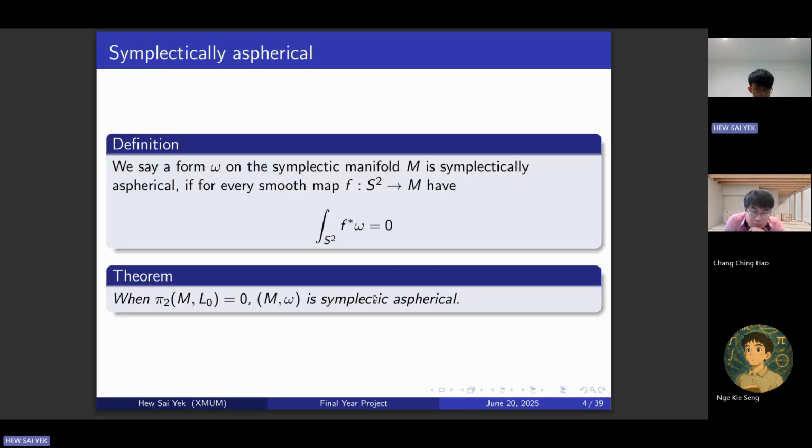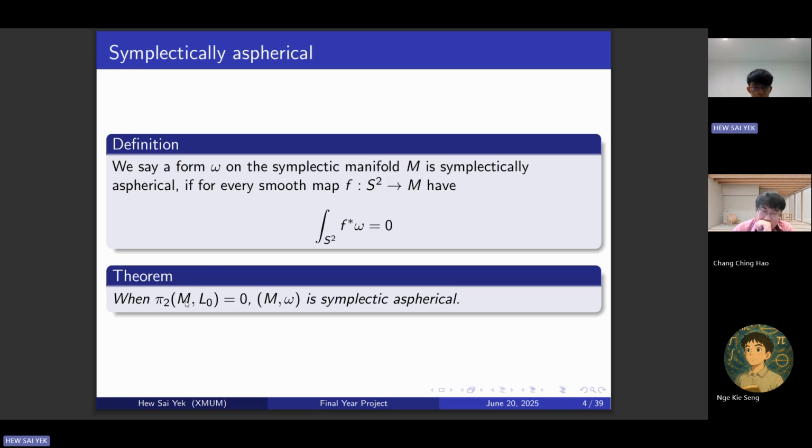We want to define what is called symplectically aspherical. We say a symplectic manifold M is symplectically aspherical if the symplectic area of every smooth map from a sphere to M is 0.